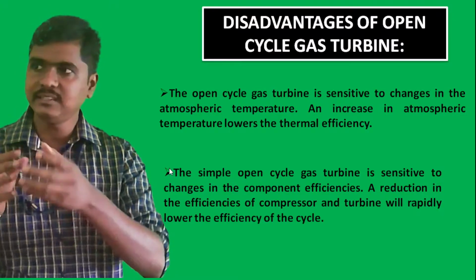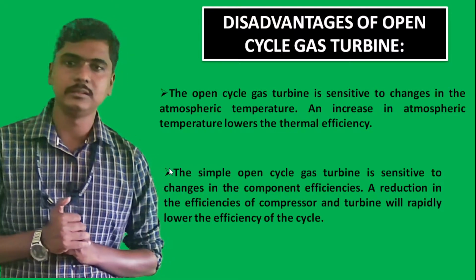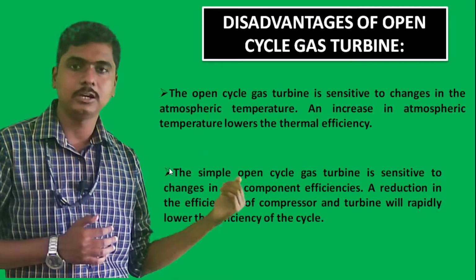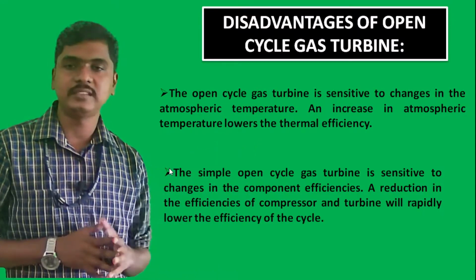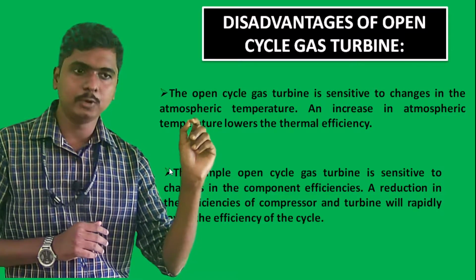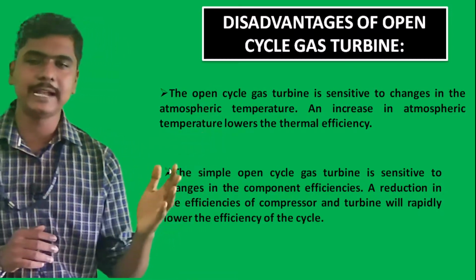If there is a slight reduction in the compressor efficiency, then it will rapidly decrease the thermal efficiency of the open cycle gas turbine power plant. When we do some problems, I will show you later.